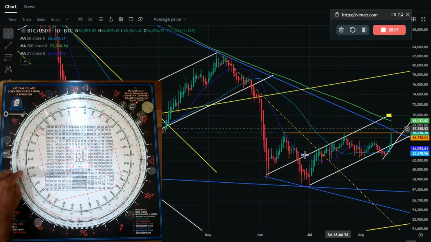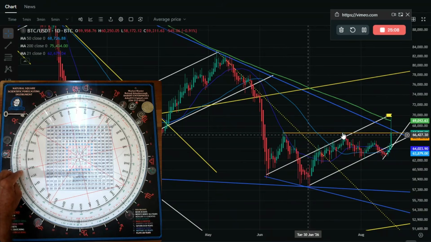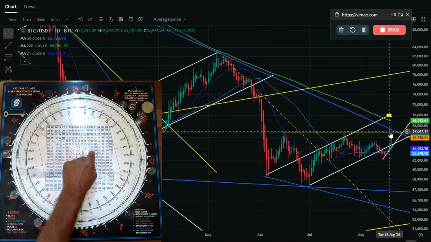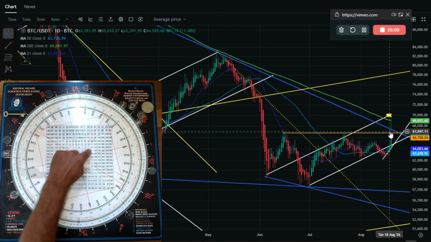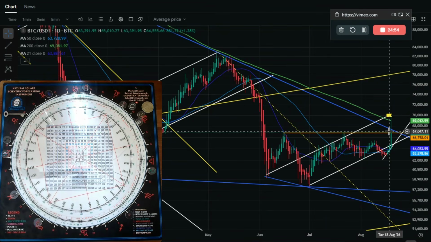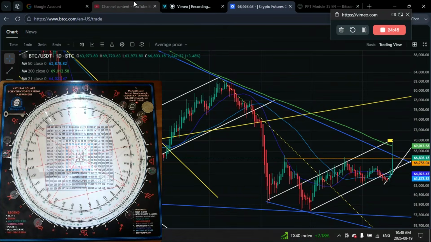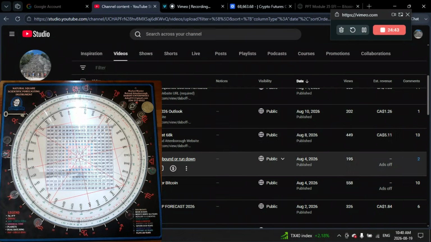I put this orange line on here stating that if we don't get above this 66, 67, and 68, which is right here, and stay above this, that it would indicate a swing top and a bunch of weakness, and that we could see something around 68. We mentioned that.